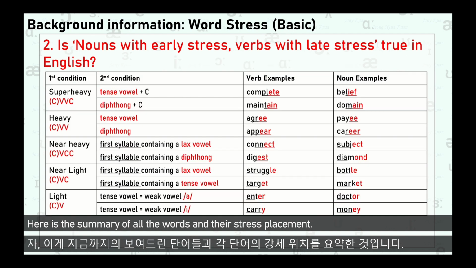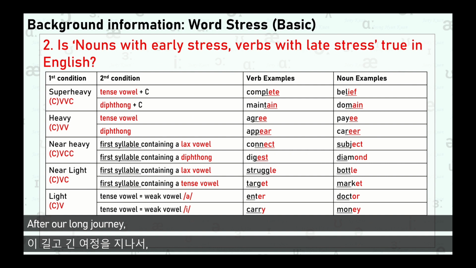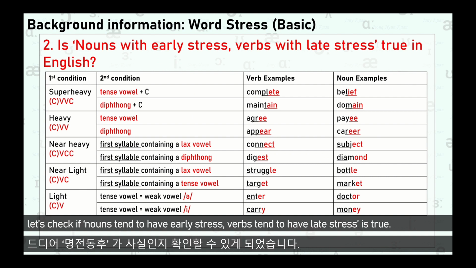Here is the summary of all the words and their stress placement. After our long journey, let's check if nouns tend to have early stress and verbs tend to have late stress is true.